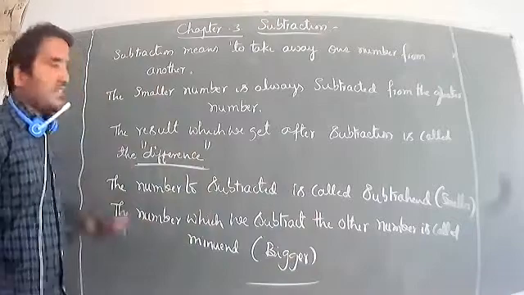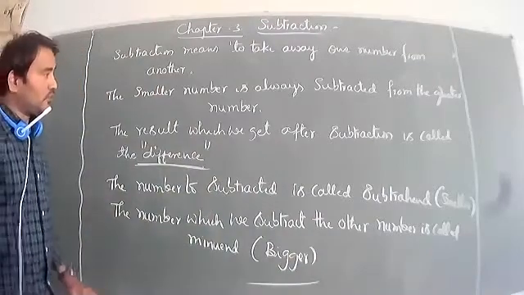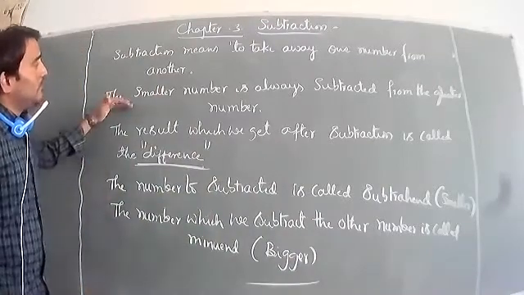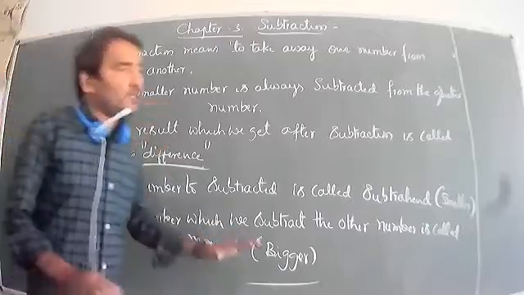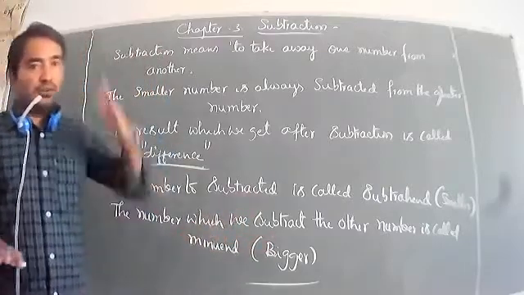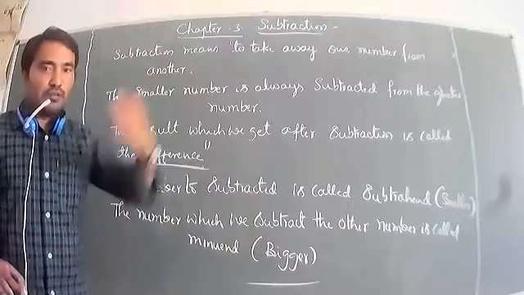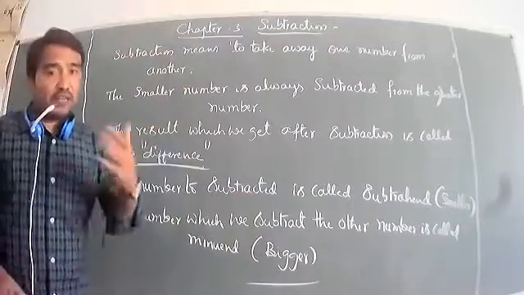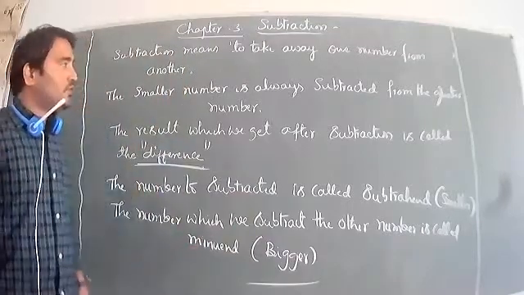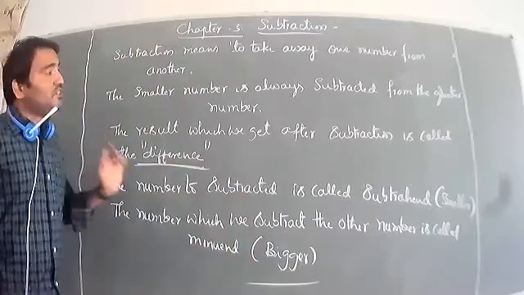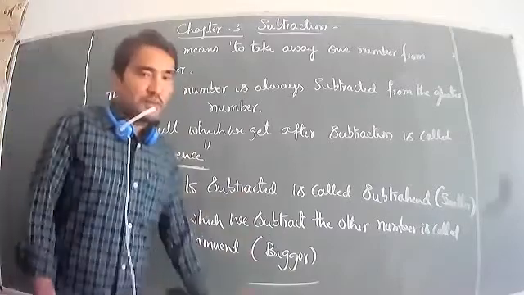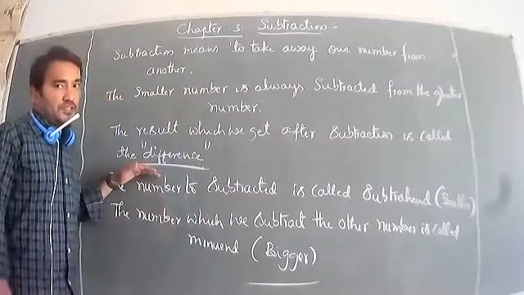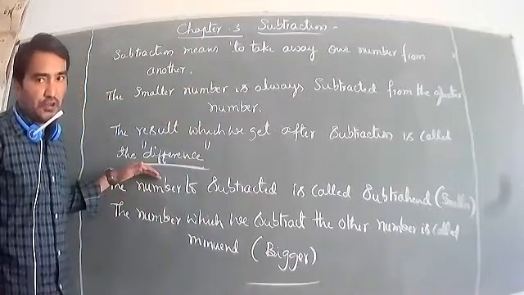Once again I will repeat the concept. The smaller number is always subtracted from the greater number. We subtract 5 from 10 or 5 from 20, we do not subtract 20 from 5. The result which we get after subtraction is called the difference. So the answer of subtraction is called difference.